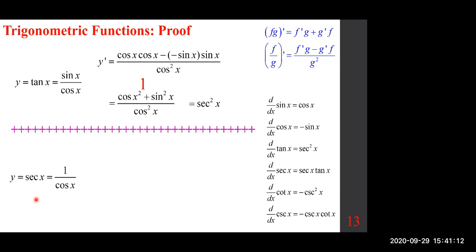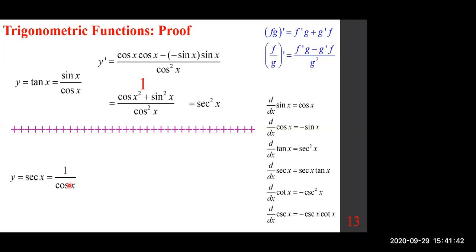Very, very simple. I hope you see what I'm talking about, class. So let's look at y equals secant x and do the quotient rule on that. So simply put, f prime g minus g prime f over g squared.